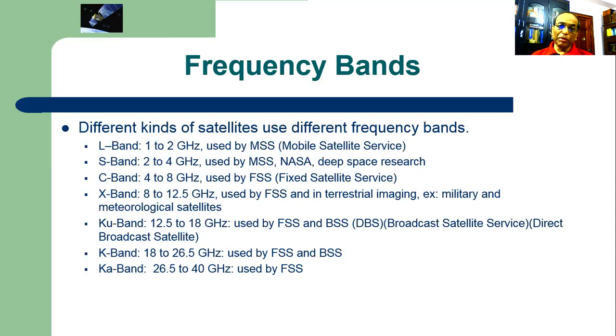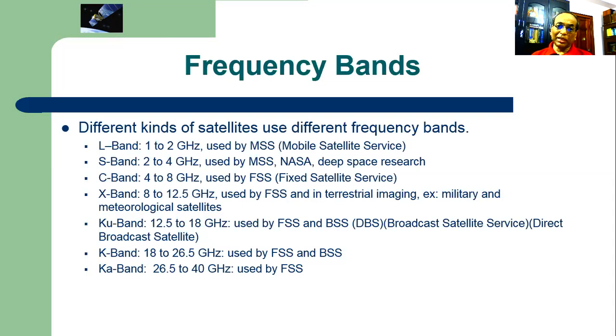Ku band, 12.5 to 18 gigahertz, is the frequency band used for both FSS and BSS, fixed satellite service and broadcast satellite service.